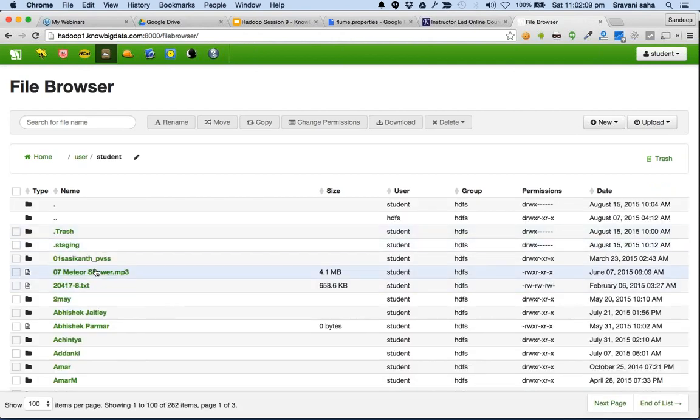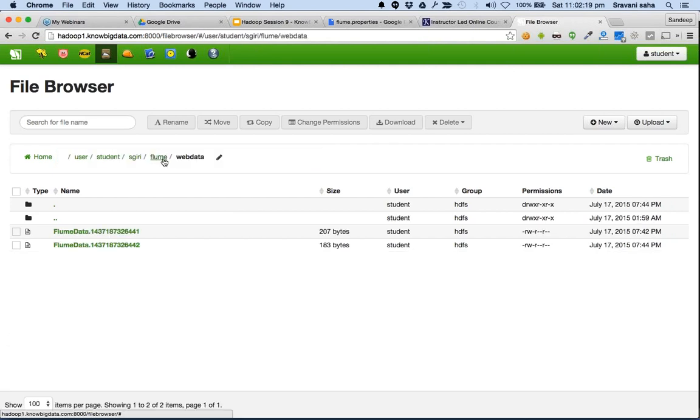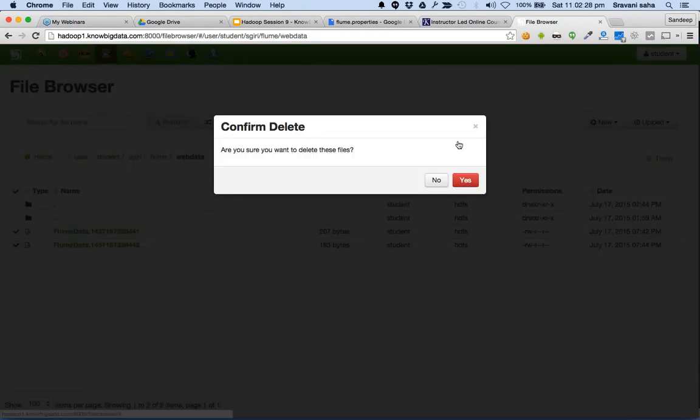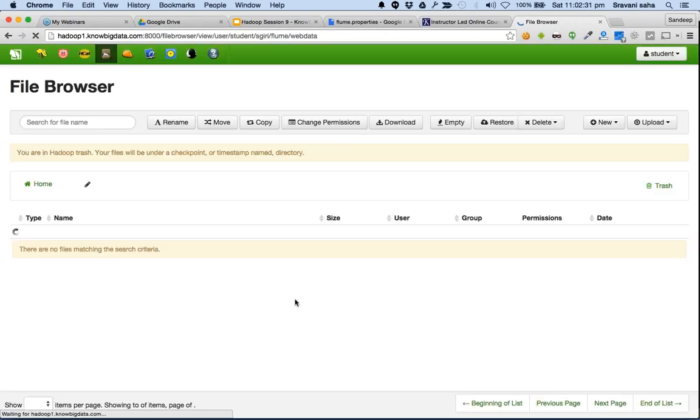So what we are going to do is start a service which will listen on a particular port, and whatever data we give to it, it will put in this folder. All right, let's delete whatever is there. So this HDFS folder is now empty.